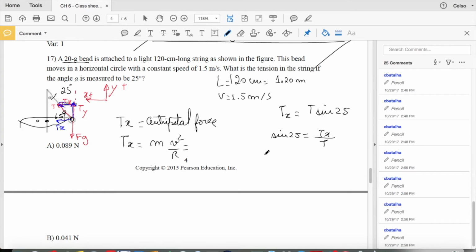So this is T sine of 25. And then from here, we find that T is equal to mv squared over r divided by sine of 25.